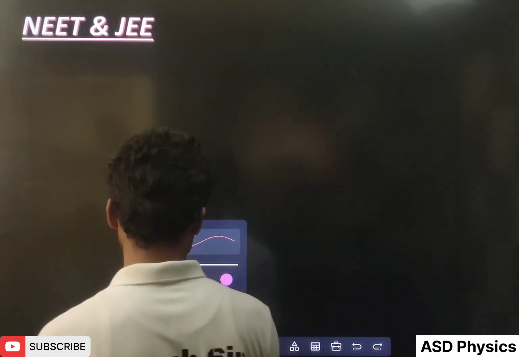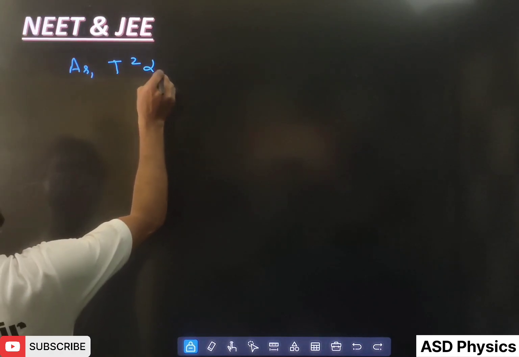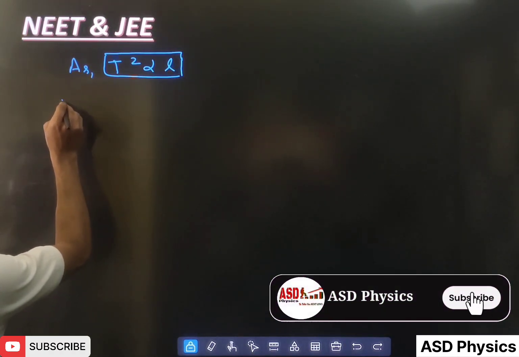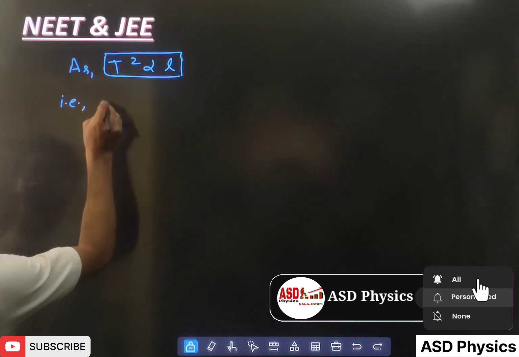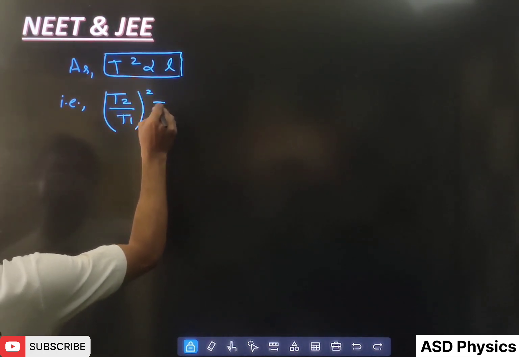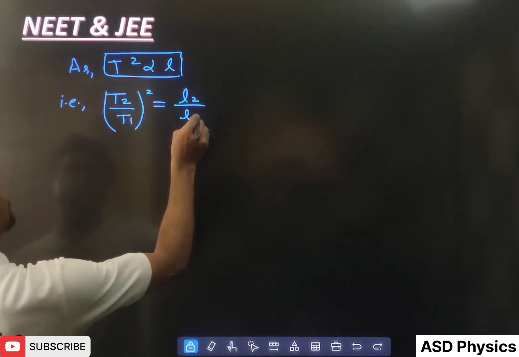As T square is directly proportional to L, if I make one formula, we can write (T2 by T1) whole square is equal to L2 by L1.